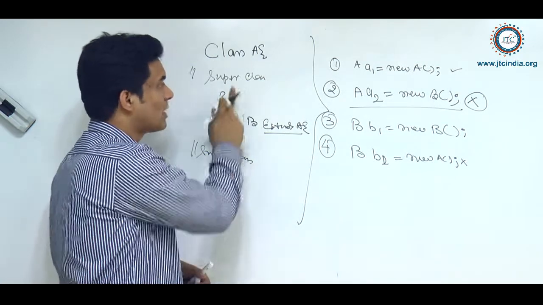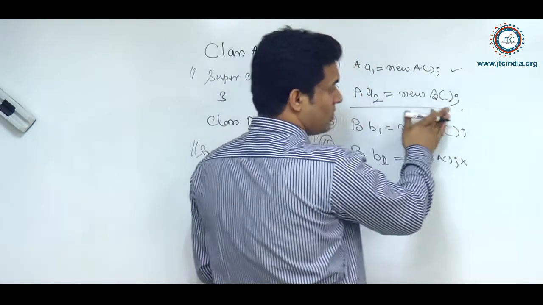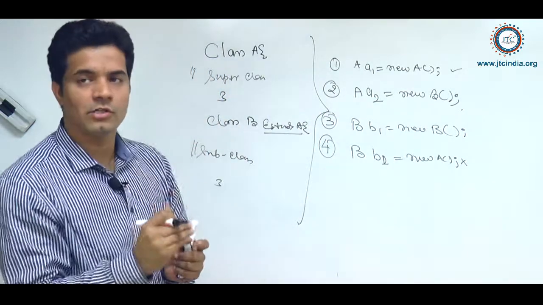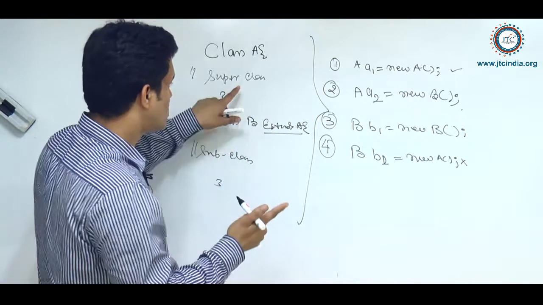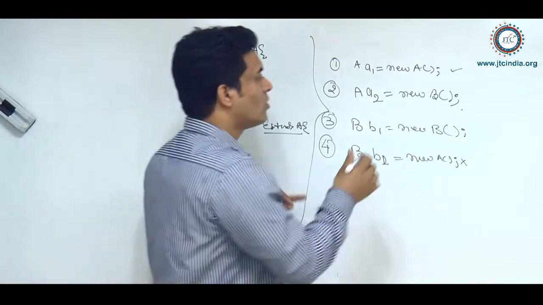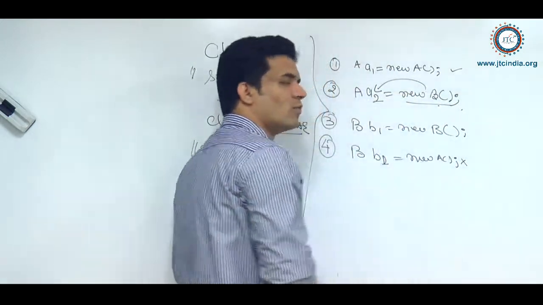According to the definition I just told, dynamic dispatch is the process of assigning a subclass object reference to the superclass reference variable. This is the superclass, this is the subclass. Since it is a subclass, this subclass object reference we could assign to a2. Can we do it?